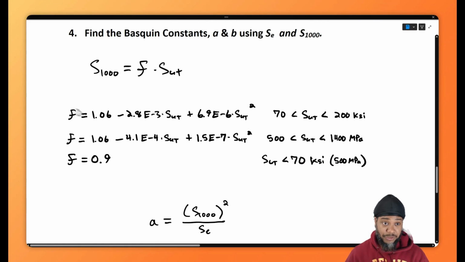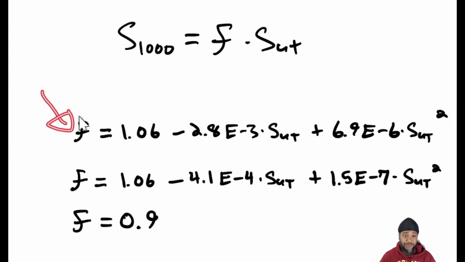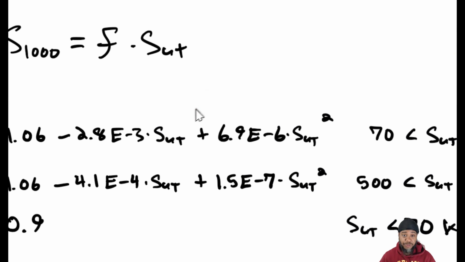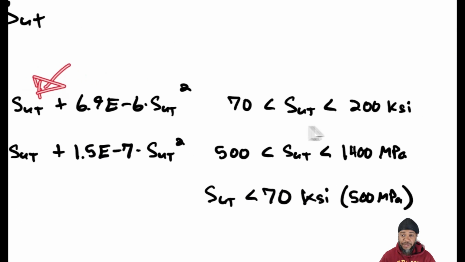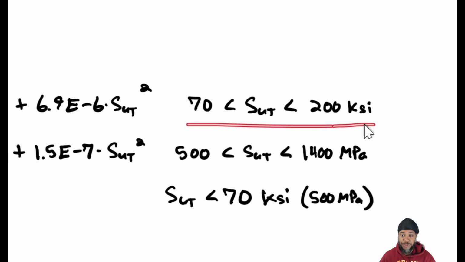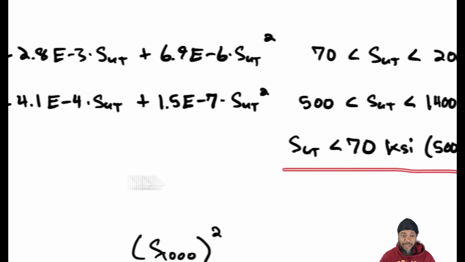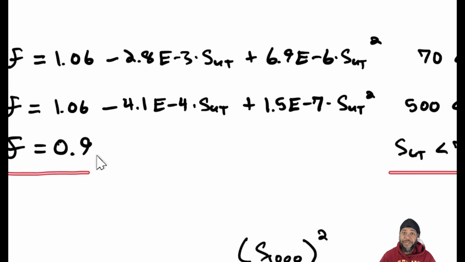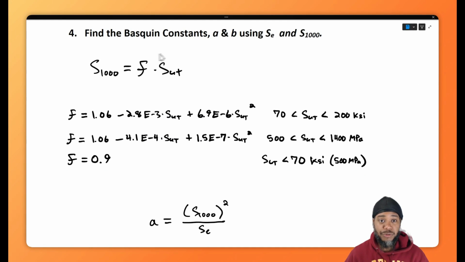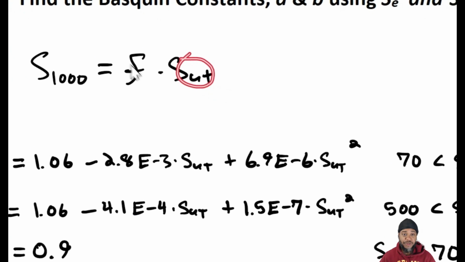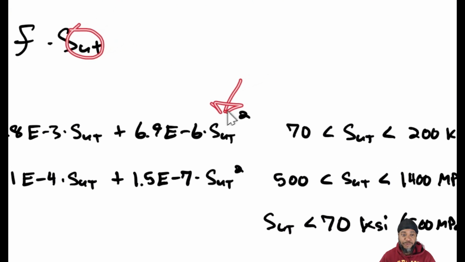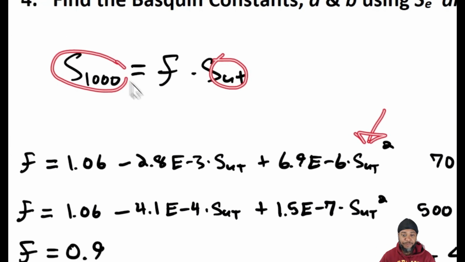In our textbook, we're given that factor is a polynomial in terms of the ultimate tensile strength when our ultimate tensile strength is within a certain range. And if it's below a certain value, that factor is fixed to 0.9, right? So we'll just plug in the ultimate tensile strength, plug it in here as well, and we get our S1000.